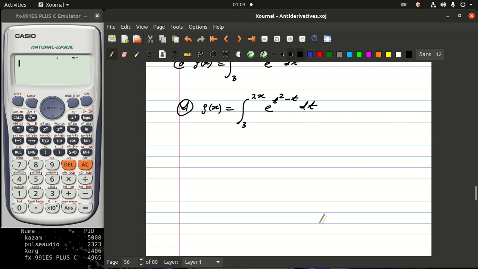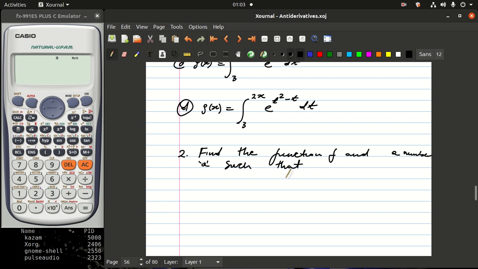And then number two, I want you to find the function f and a number a such that 6 plus the integral from a up to x of f of t divided by t squared, dt is equal to 2 times the square root of x for all x greater than 0.